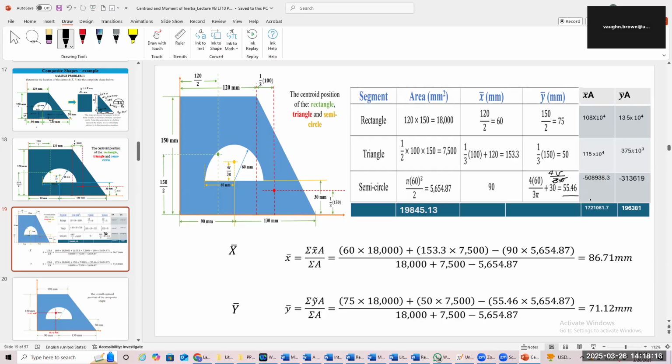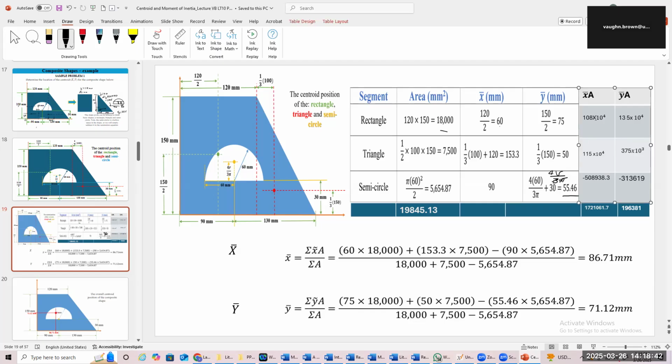So what we typically do is take the area and multiply each one of them. Let's do it separately. I'm just going to repeat quickly. It's 18,000 times 60. So let's check these values here. You're supposed to get a million.